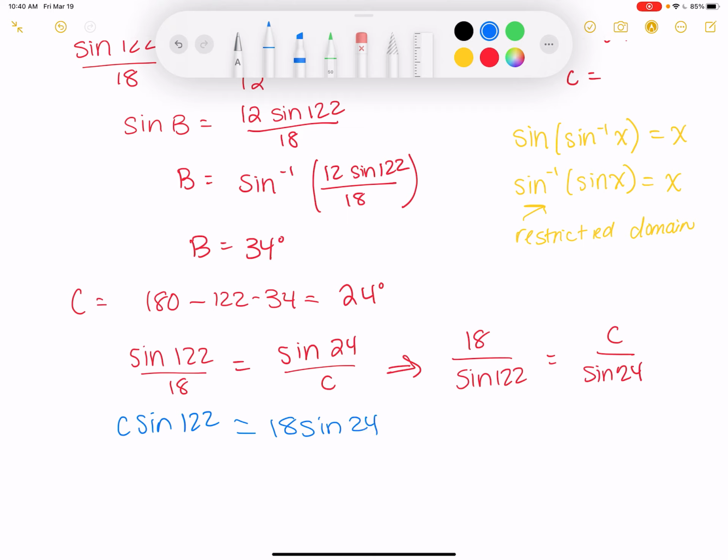And then I have to divide, so C is equal to 18 sine of 24 over the sine of 122. And then I could do it that way, which is fine. It just takes a little bit more work. Whereas over here, I can go straight to C is equal to 18 sine of 24 over the sine of 122. It just is a lot less involved if you have what you're trying to solve for on top.